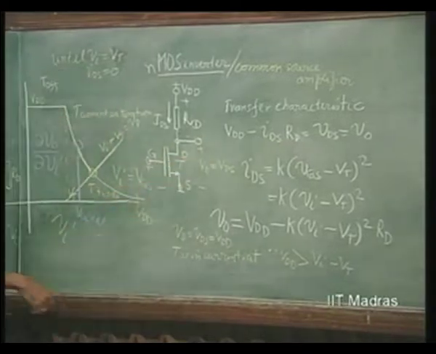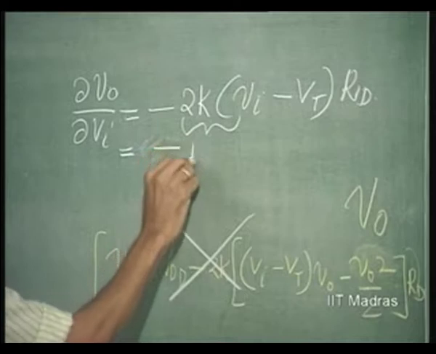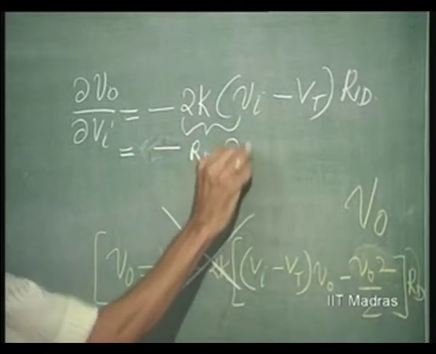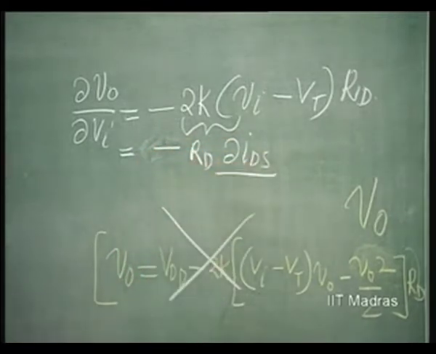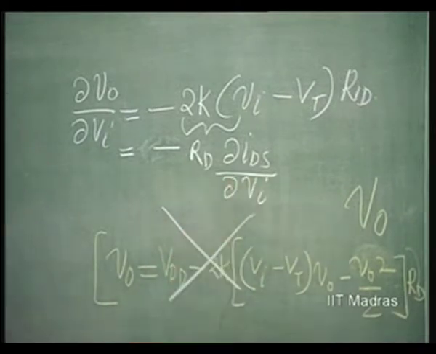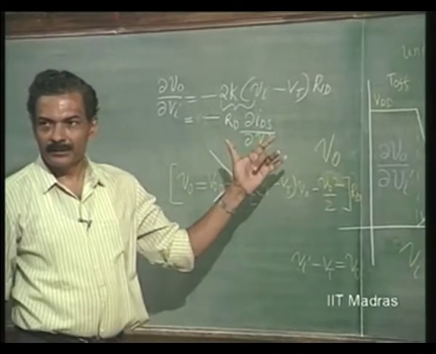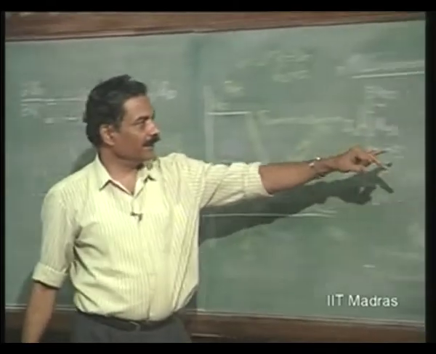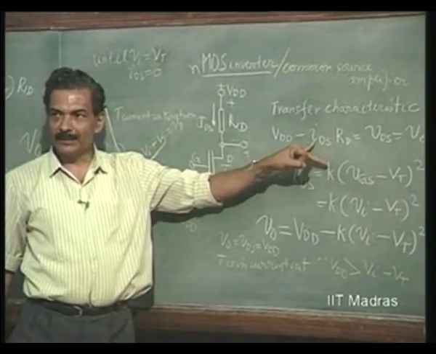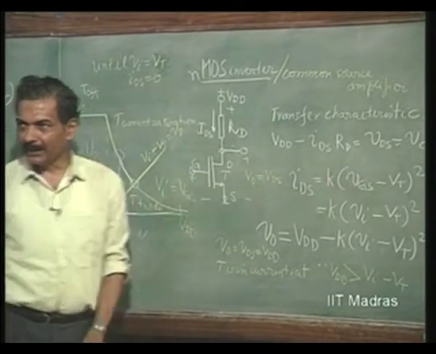If I differentiate this, you should get minus RD into delta IDS by delta Vi, because RD is a constant, and the only thing I can differentiate here with respect to Vi is IDS. So, delta IDS by delta Vi.